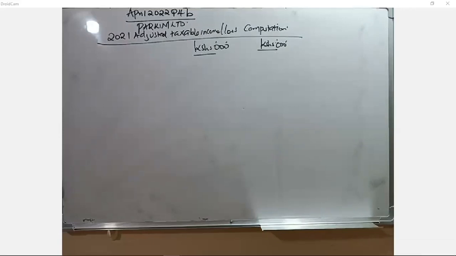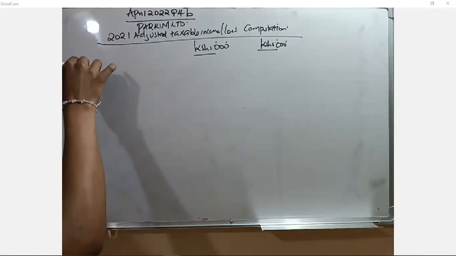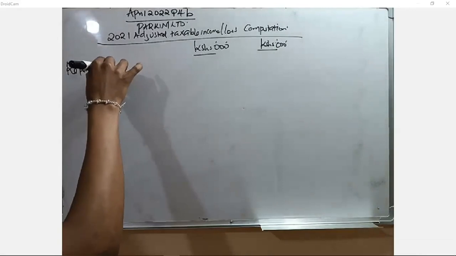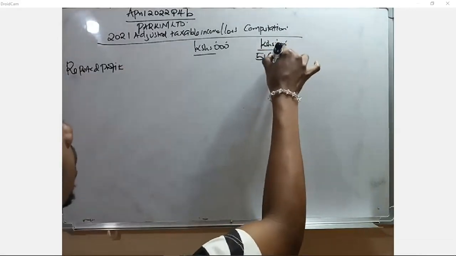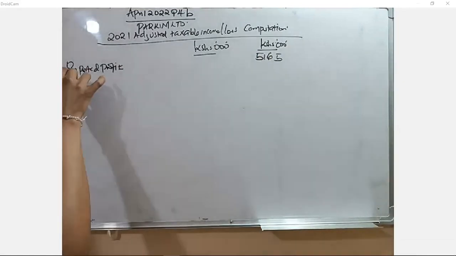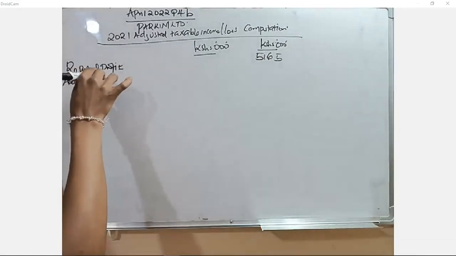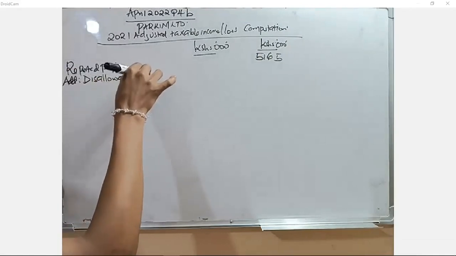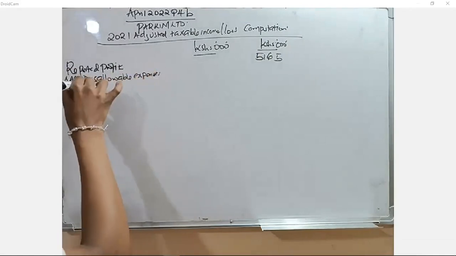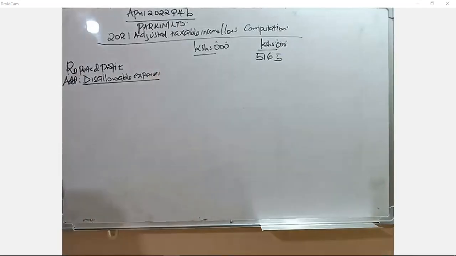So the net profit given here, the reported profit of ours is 51.65. We said we normally had disallowable expenses.